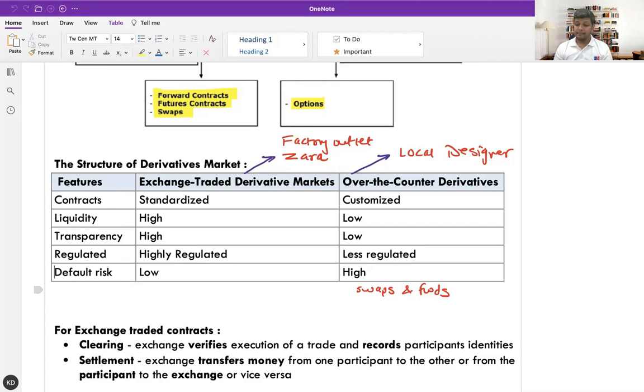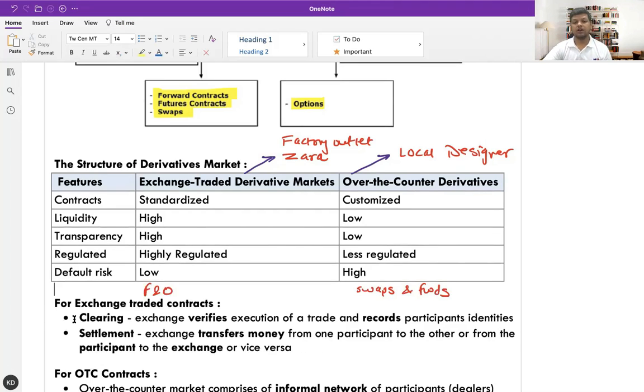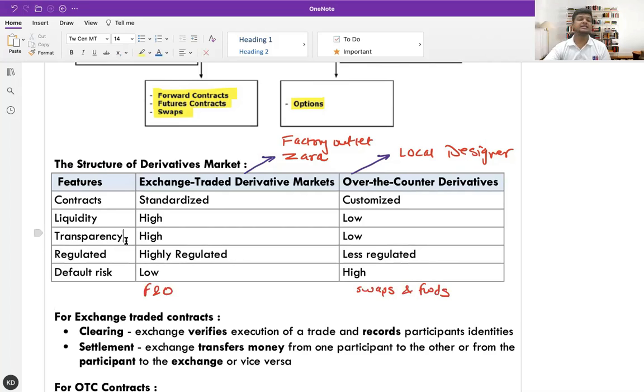And futures and options are on exchange. Clear? Futures and options are on exchange. That is a generic perception, and to a larger extent it is correct also.